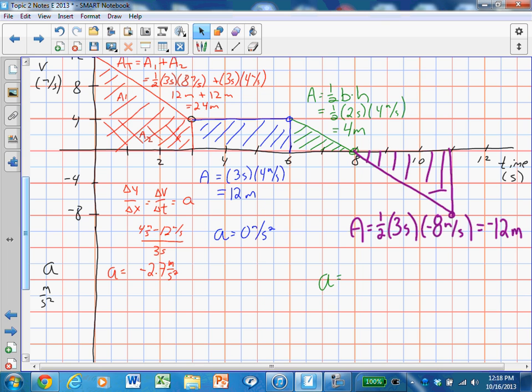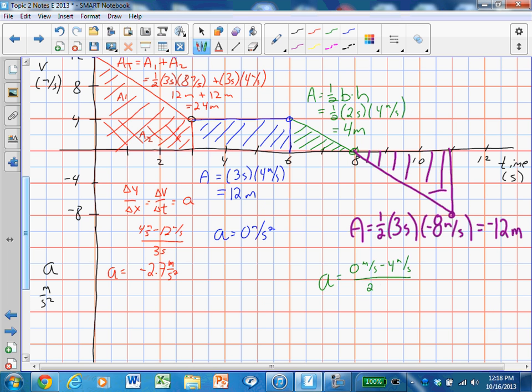So let's do the first one. Okay, I'm sorry. On the first one, we have 0 minus 4 over 2 seconds, right? That's minus 2 meters per second squared.